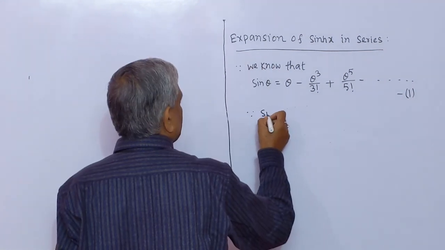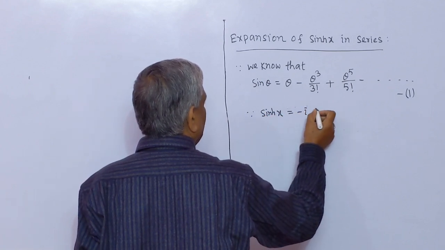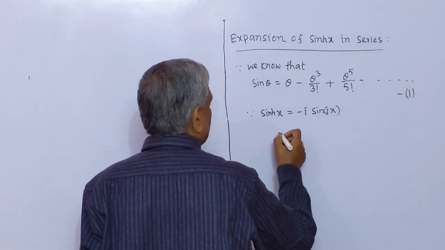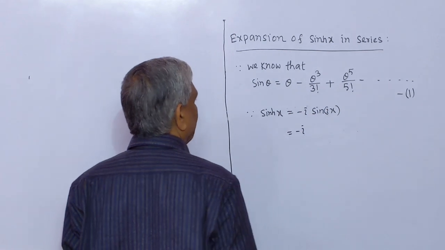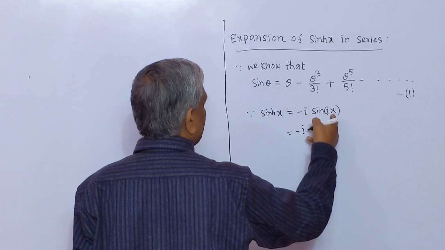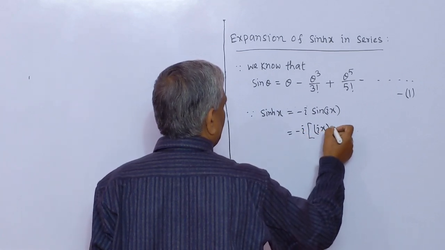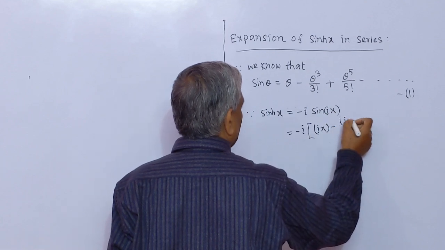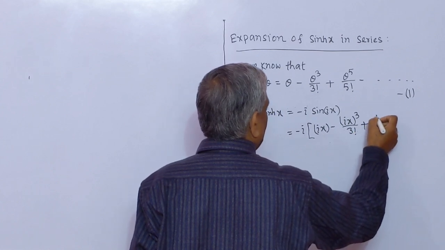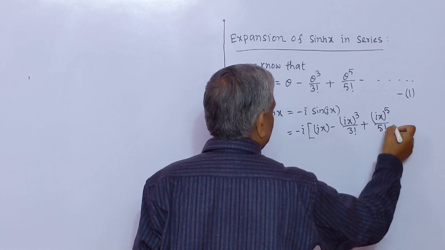Since sinh x equals minus i sin ix, this will be equal to minus i, here we use 1, in place of theta we have ix. So we write here ix minus (ix) whole cube by factorial 3 plus (ix) whole to the power 5 by factorial 5 minus and so on.